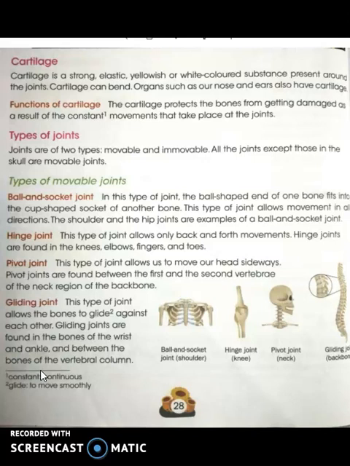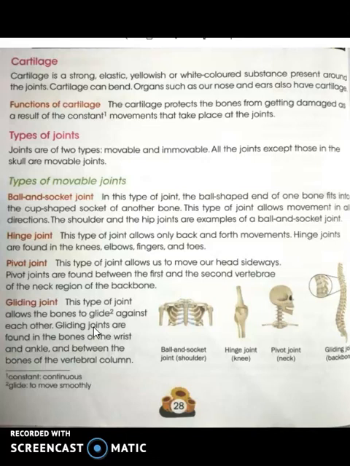As the bones make continuous movements every time, there is a risk of damage, so they also require protection. This protection is given by cartilage. Thus, the function of cartilage is to protect the bones from getting damaged.